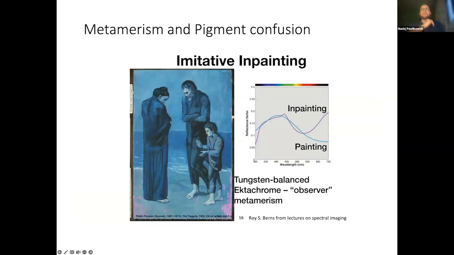And that's quite visible in this nice example from the 1920s, when the conservator back then, or the artist in the museum, tried to repaint the pigment of the damaged painting from Picasso. And then later the photograph of it was taken in different light, and it appeared the pigment was not matching exactly.